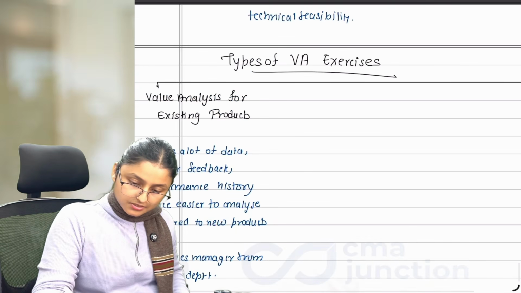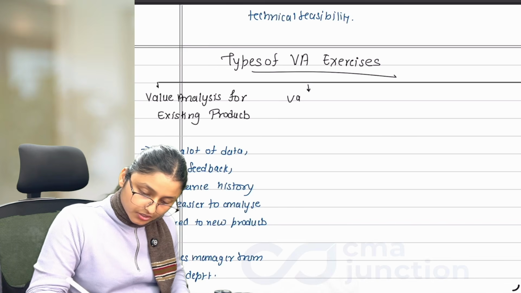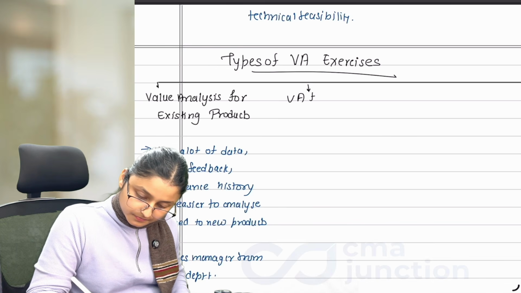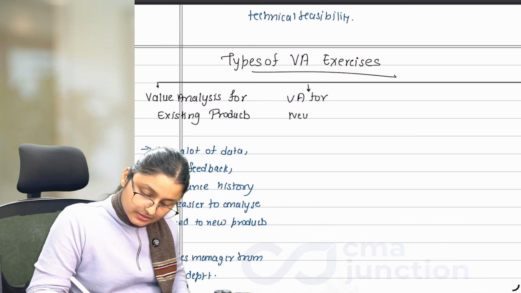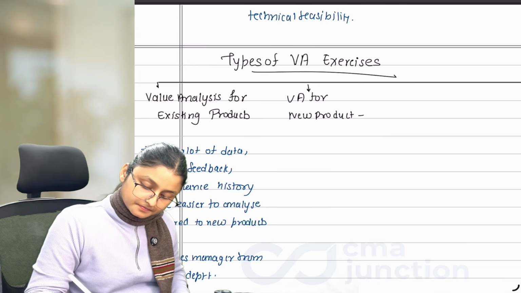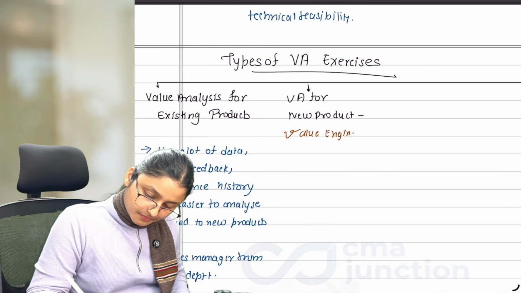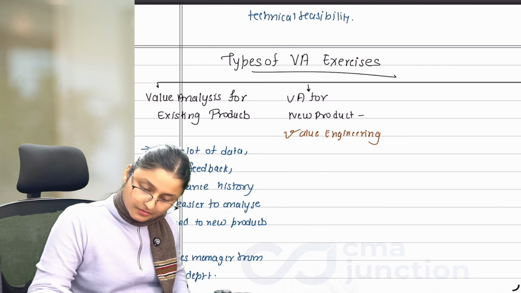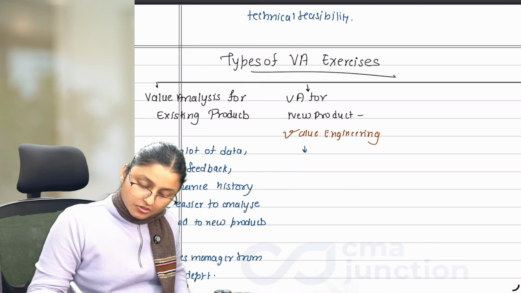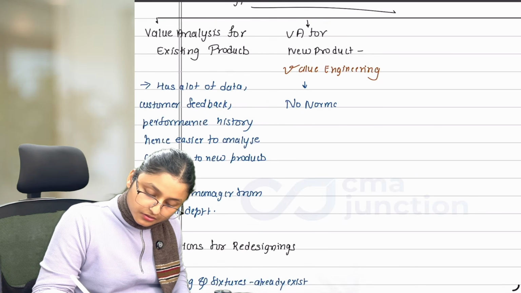Done. Next is value analysis for new product. VA for new product. This is value engineering only. So for value engineering, we will not use normal VA.